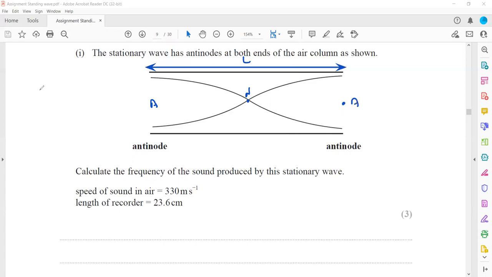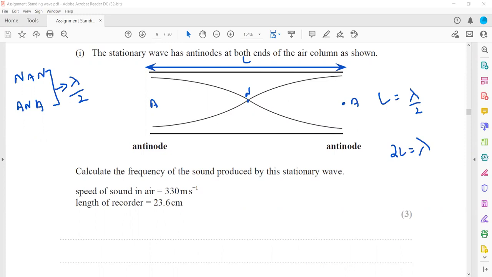We have discussed that the distance between two successive nodes or two successive antinodes is half of the wavelength. So this length is half of the wavelength. So L equals lambda by 2, or 2L equals lambda. Basically the wavelength is twice the length.